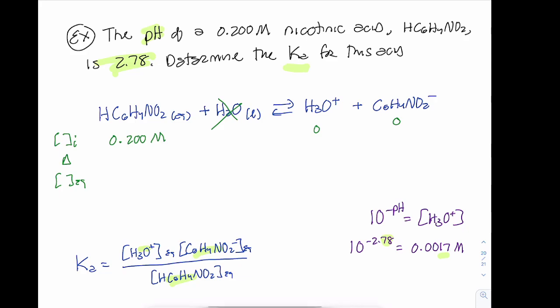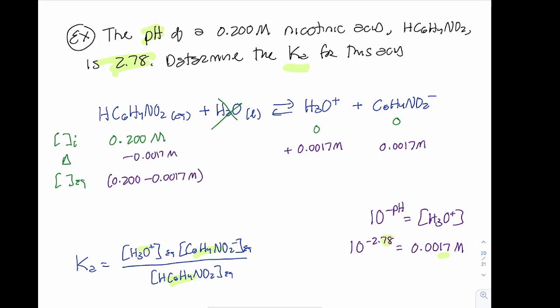So if we go back up to our table, this is 0.0017 molar. And then we could actually go right to our equilibrium, which is going to be 0.200 minus 0.0017 molar. This is going to lose that amount.